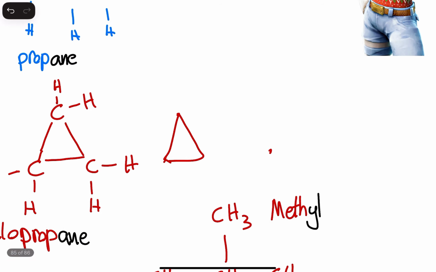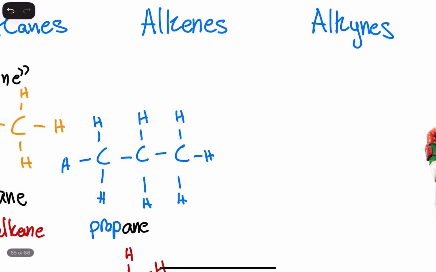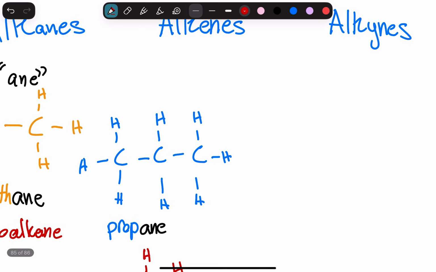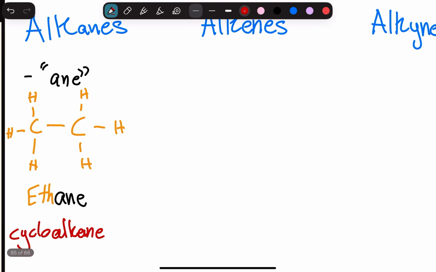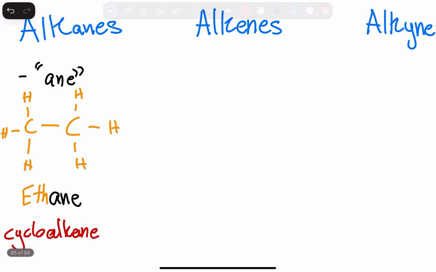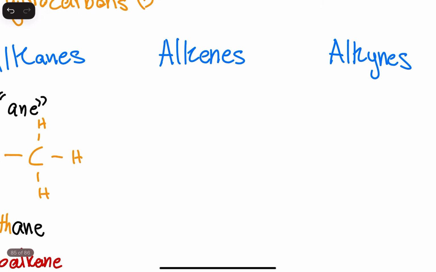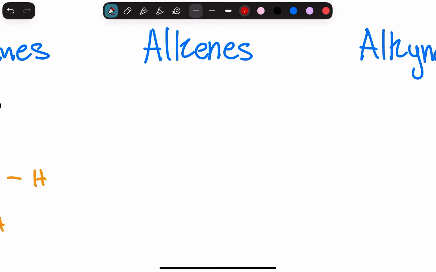alkanes and substituents. Let's go back up here and go over what alkenes and alkynes are. We saw that with alkanes, there is a single bond between the carbon atoms here. Only one bond. With alkenes, we're going to see 2 bonds.